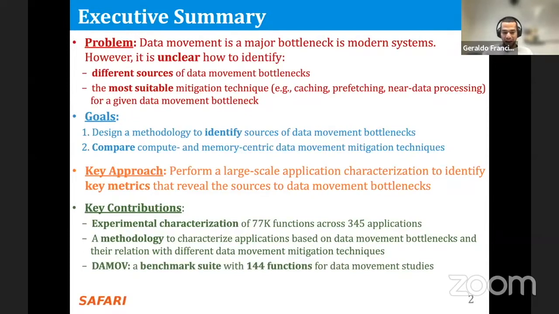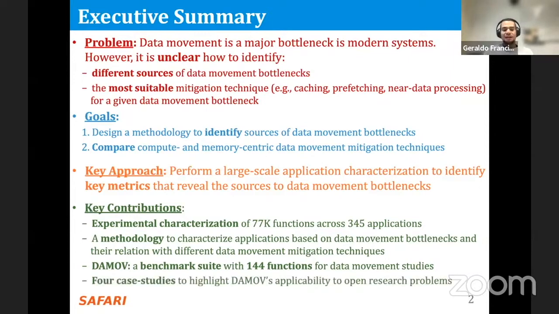Then we collect the data that we generate by applying our methodology in the DAMOV benchmark suite, which is a benchmark suite with 144 functions classified into 6 different classes of data movement bottleneck.